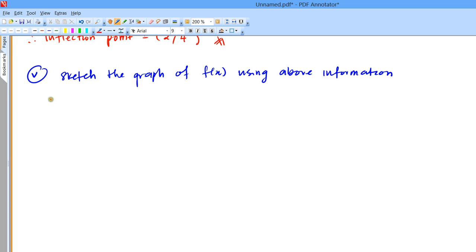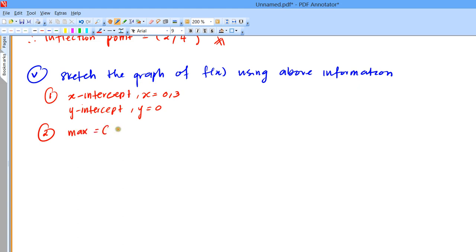We can list down. The first one, we have the x-intercepts: x equal to 0, 3, and then the y-intercept equal to 0. It's easier for you to draw or to sketch the graph if you list down all the given information. And then number 2, we have information about the maximum and minimum points. So the maximum point equal to 1, f of 1, and then the minimum point equal to 3, 0.